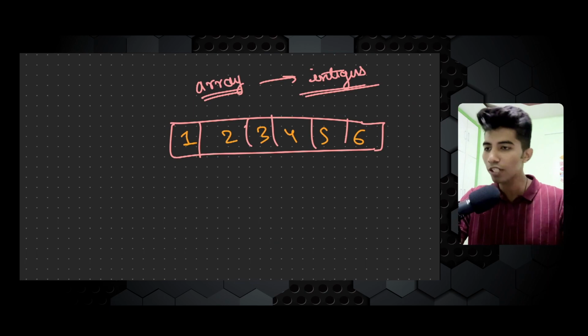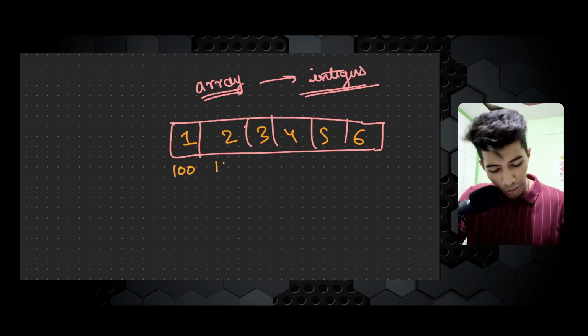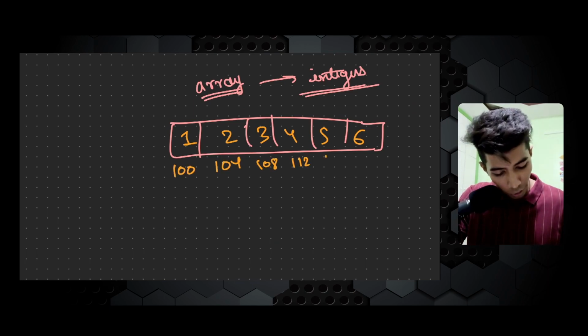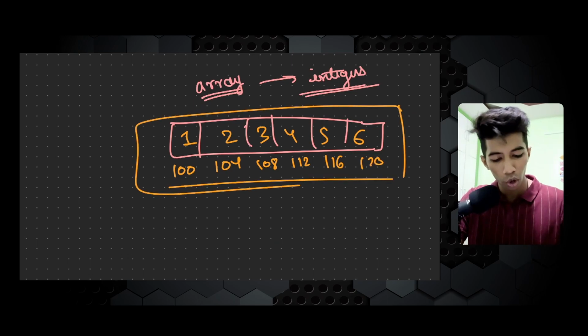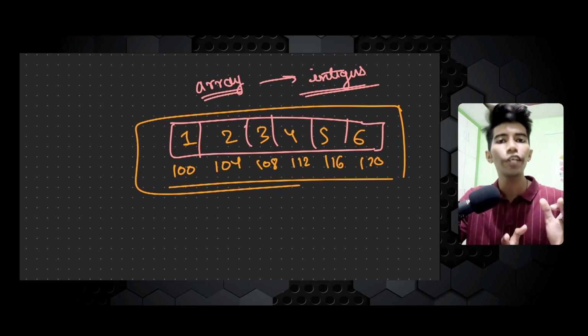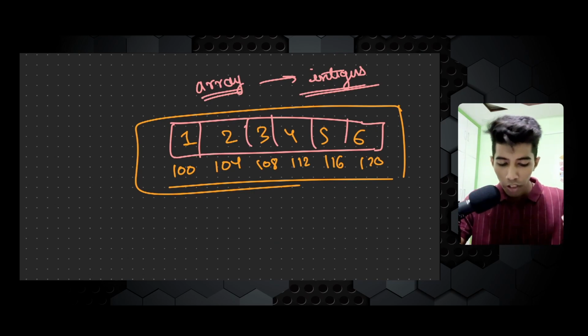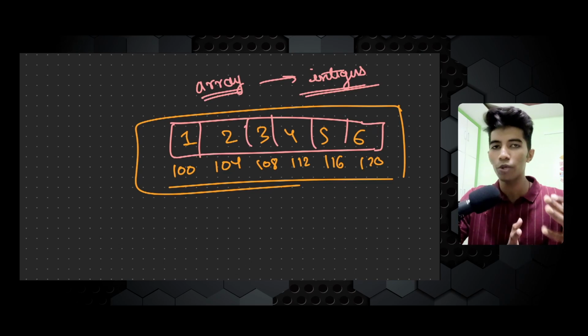Talking about the address locations, suppose this is 100, this is 104, 108, 112, 116 and 120. Now you can notice that they are stored in a contiguous manner in the memory. This data structure is known as an array.